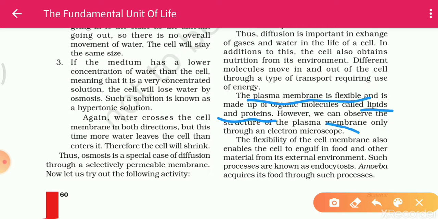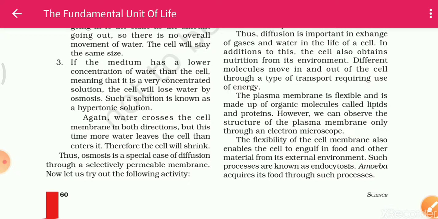With the help of the electron microscope, we can easily see the structure of the plasma membrane. It is not possible to see it with a compound microscope. There is a lot of difference between the compound microscope and the electron microscope.